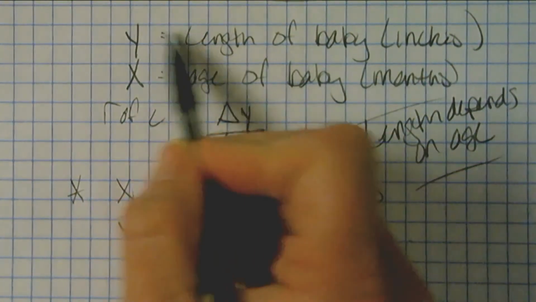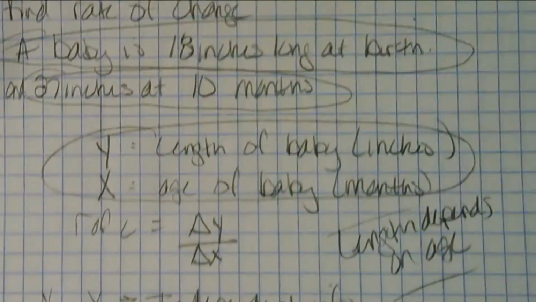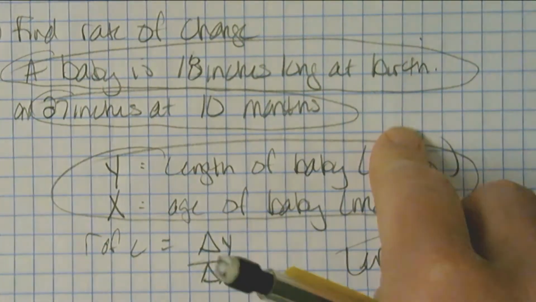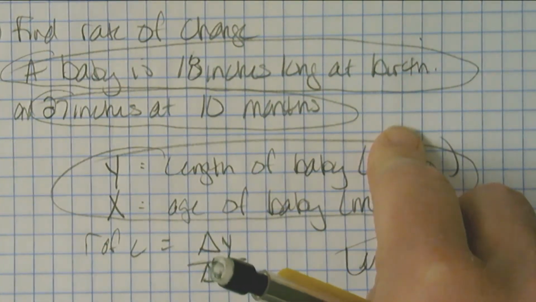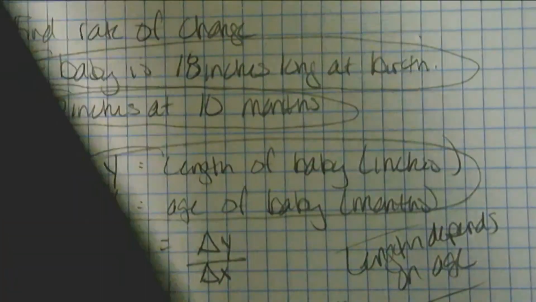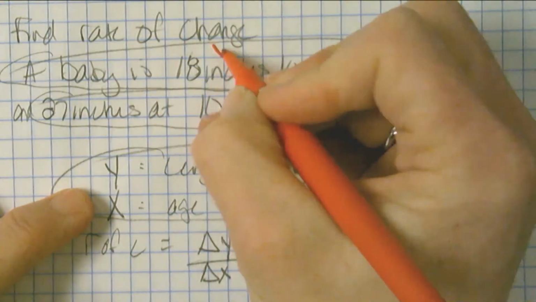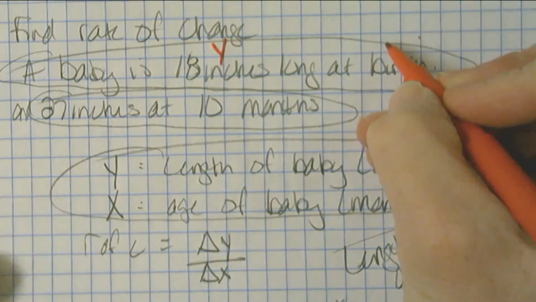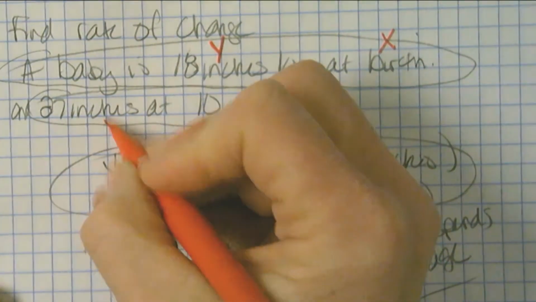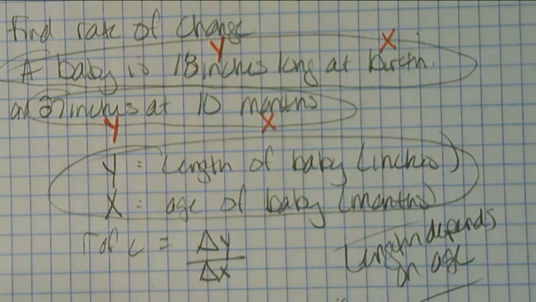So now that I have defined those variables, let's go back up here and figure out, here are my 2 points. My length is my y, my age is my x.